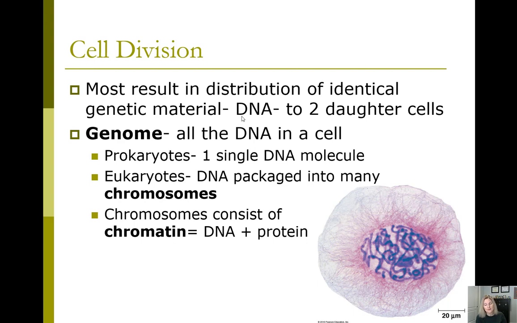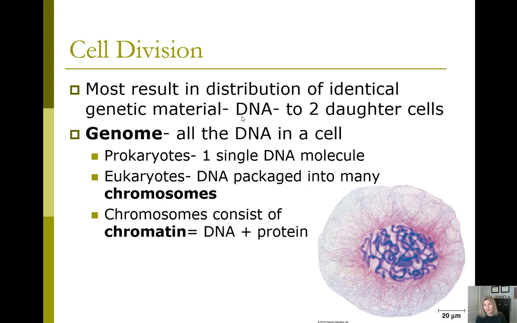We need to find a way to duplicate those chromosomes so that when our cells divide, the DNA can go into the daughter cells as exact copies. All of our DNA is what we call the genome. So you have your particular genome that's housed on all of your DNA.